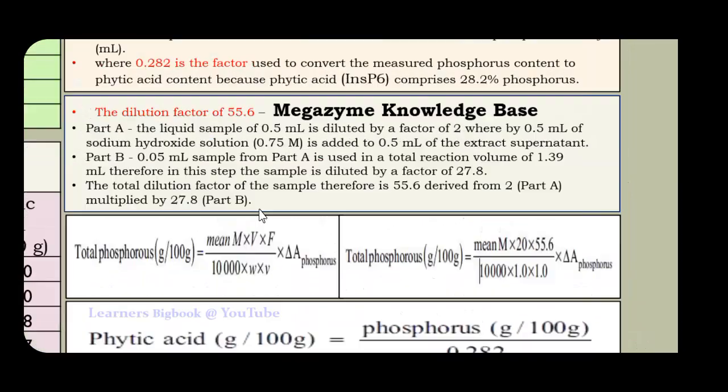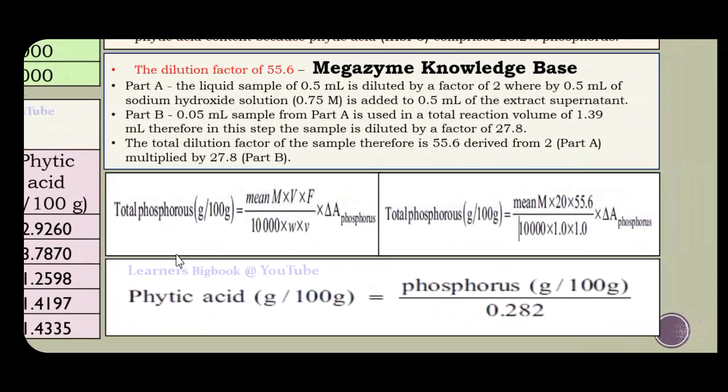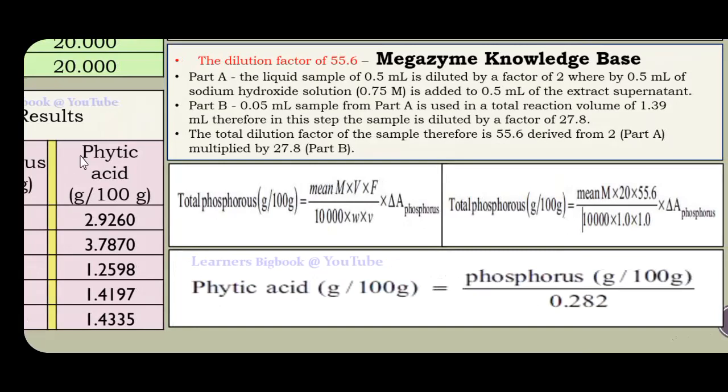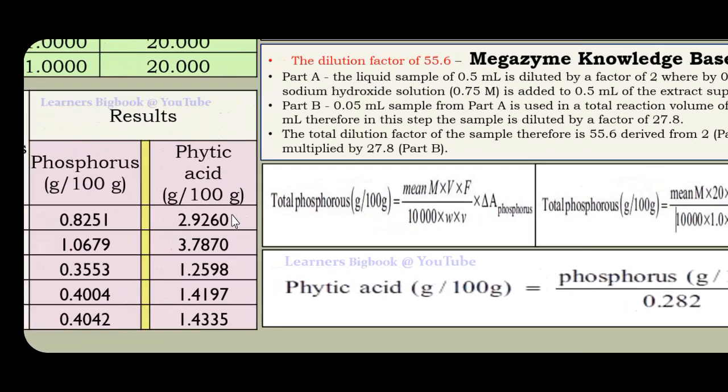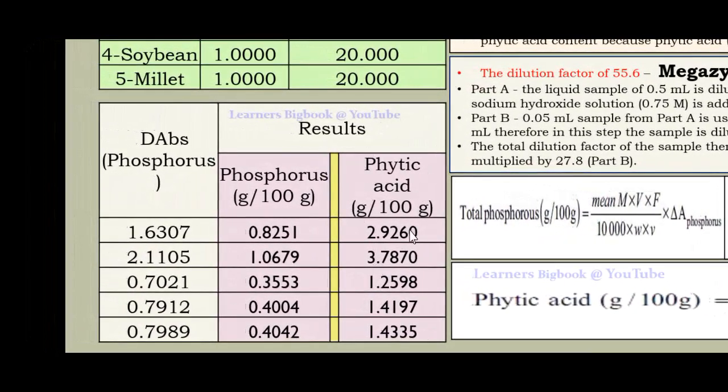So whatever the constant value or the factor has been mentioned, that has to be taken or considered, and the calculation should be done. And here you are going to get these values: 2.9260, 3.7870, 1.2598, 1.4197, 1.4335. So these are the values.